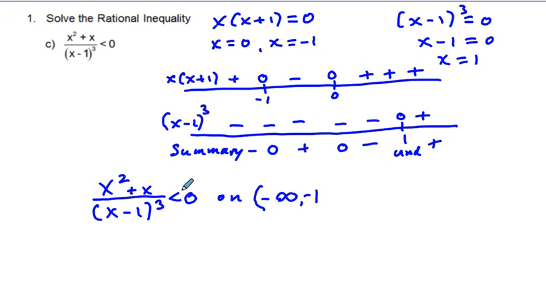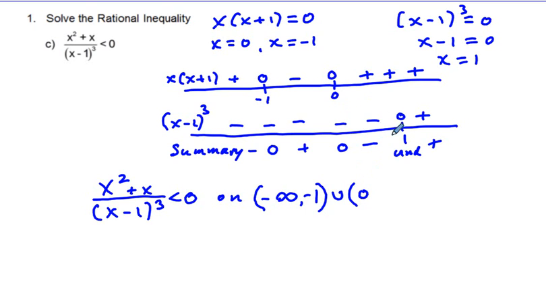Well, we have less than, so negative 1 is not included. And where else do we have less than? Between x equals 0. And again, 0 is not included because of this less than.